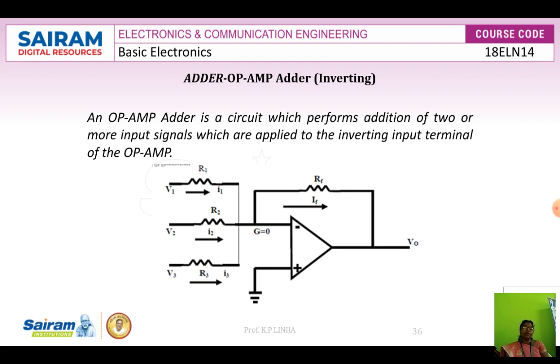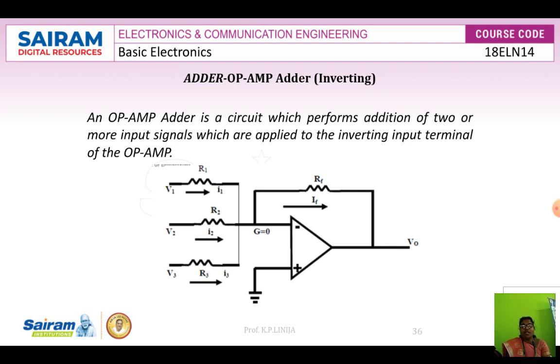See here, in the op-amp the inverting terminal is given the input, and the non-inverting terminal is grounded. So it is a 3 input summing circuit. Here we are giving 3 inputs, mentioned as V1, V2, V3.